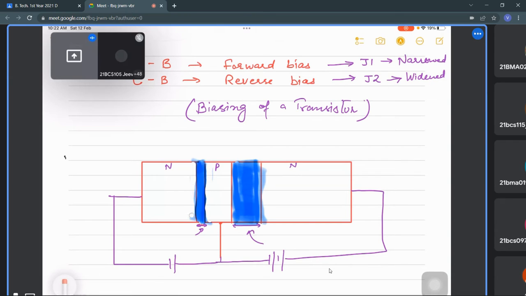These are the depletion regions actually. Okay.